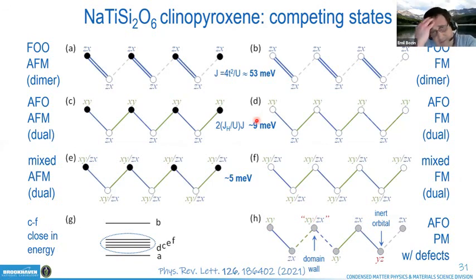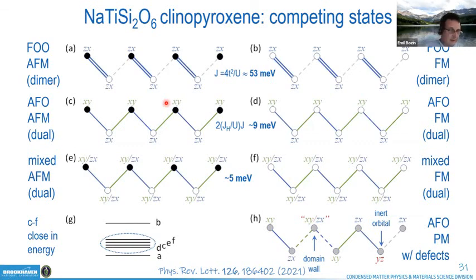And so what they basically propose is that the transition can be understood as the orbital ordering changing character from ferro to antiferro, and that this is due to an abrupt jump in entropy.